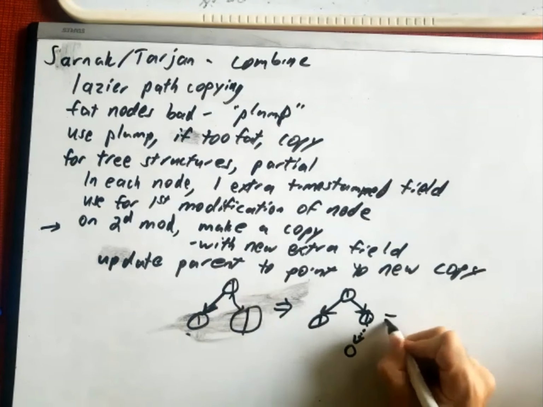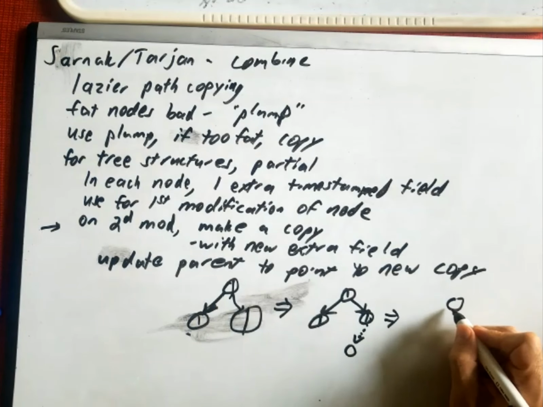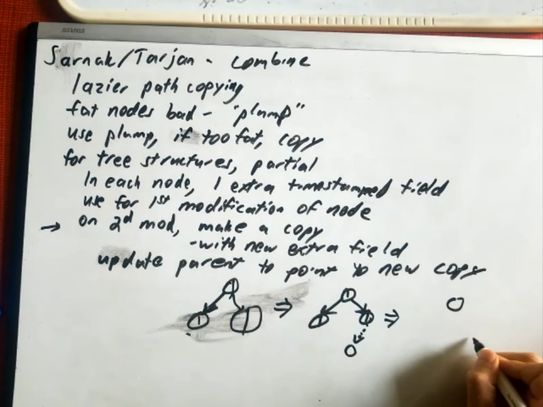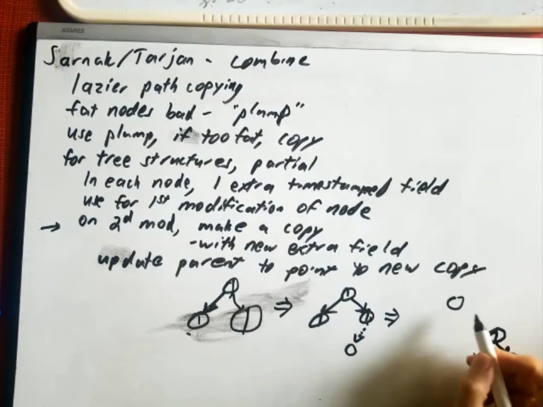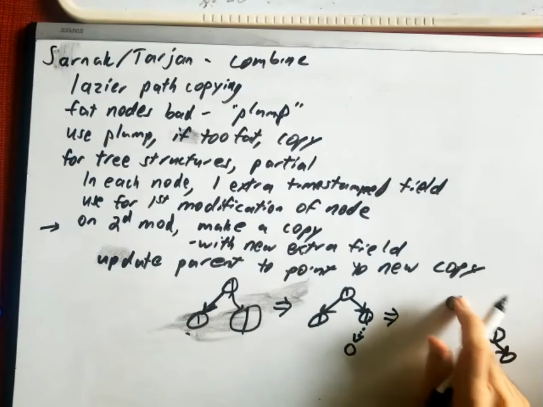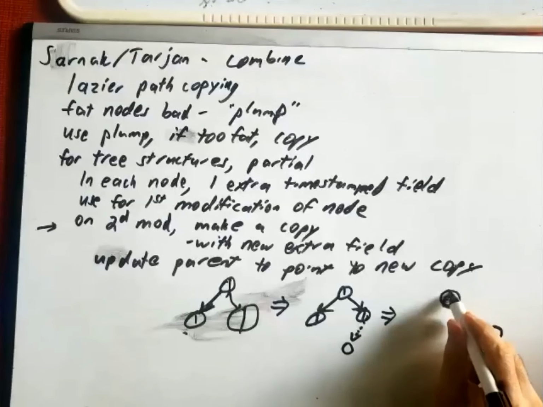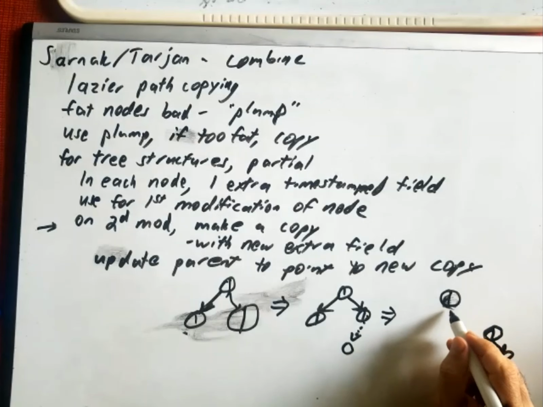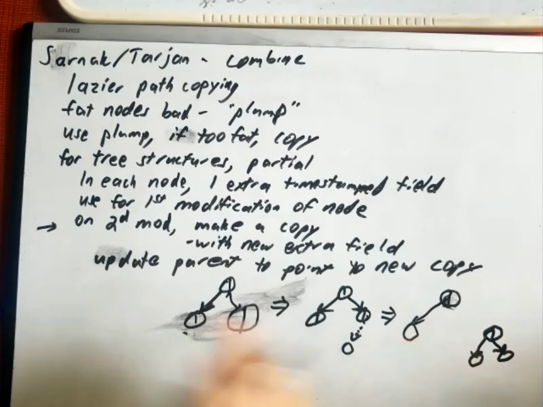But the next time I make a modification to that same node, right, maybe I add another child, what I'm going to do is now I'm going to make a brand new copy of that node that has both children attached. And because I've made a brand new copy of that node, let's see, how do I want to represent this? So, no, let's represent it like this.